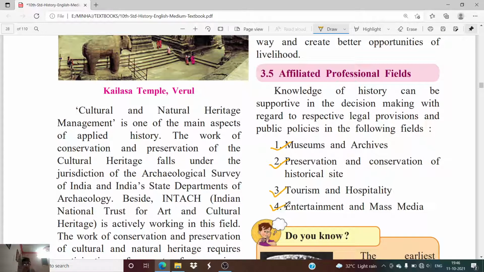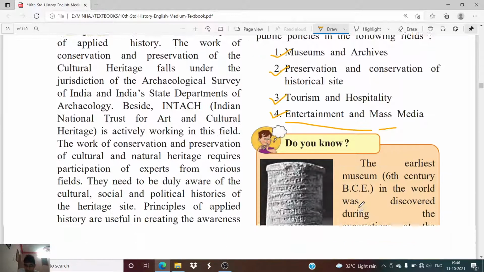It has given us the knowledge of how the war was fought between a particular Maratha warrior and another evil man who was fighting from the Mughal side. So all this knowledge is gained by this particular field, which is the entertainment and mass media field.